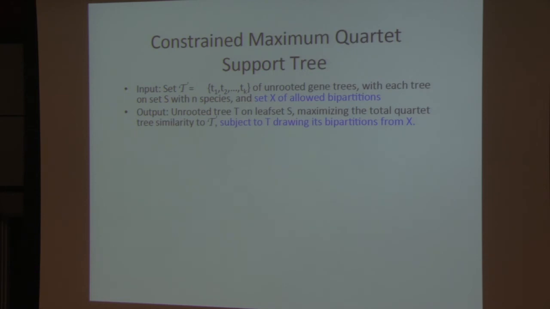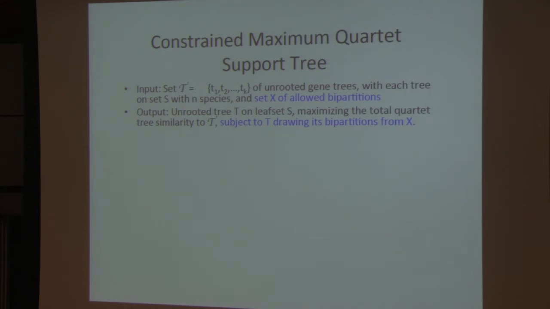However, it's NP-hard. So we came up with a constrained version. And the constrained version becomes polynomial. So the original problem is NP-hard. The constrained version is polynomial. The constrained version is, I still want to optimize the score, but I'm going to give a certain set of allowed bipartitions.